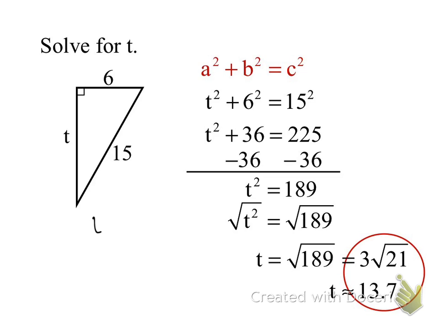Well, I had T equals the square root of 189, okay? Let's just get, sorry, T squared. I'm still here, but I have to reduce it. So 189, remember I just divided 9 into 189?